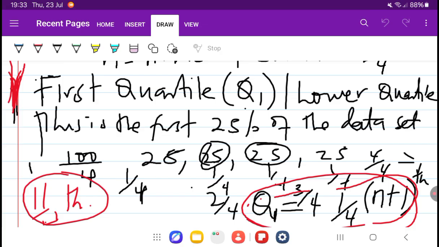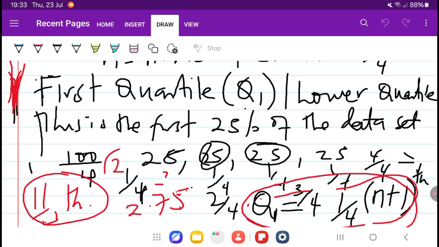If it's 11 divided by 4, it will be 2.75. So it means the value is going to be in between the second value and the third value.